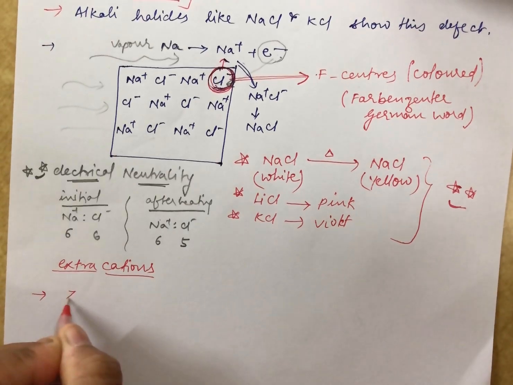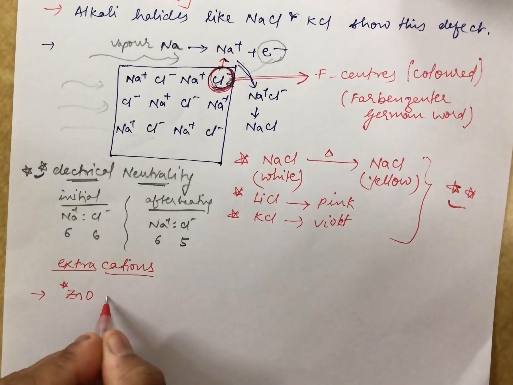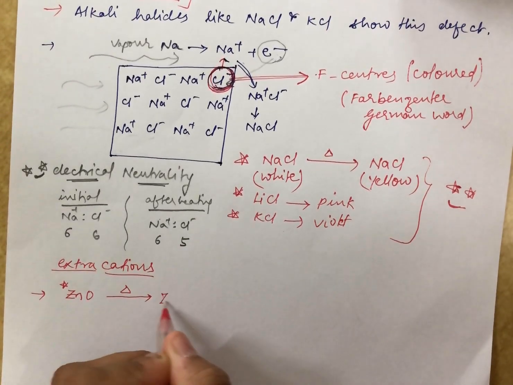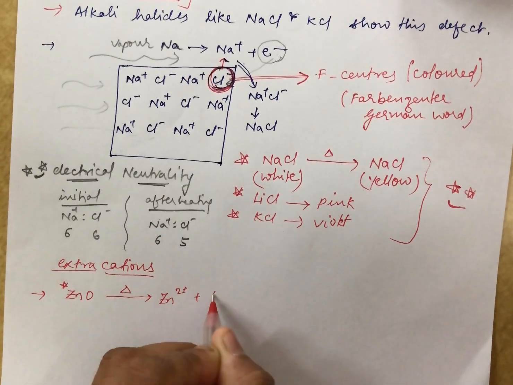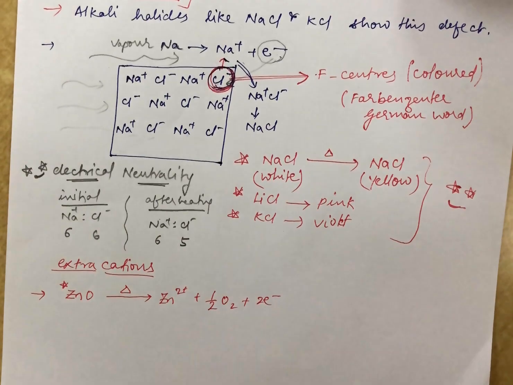Suppose you are taking zinc oxide, which is given in your book, and you need to remember this very carefully. Initially this zinc oxide is white in color, but when it is heated, it gives you Zn2 plus, half O2, and also the electrons.